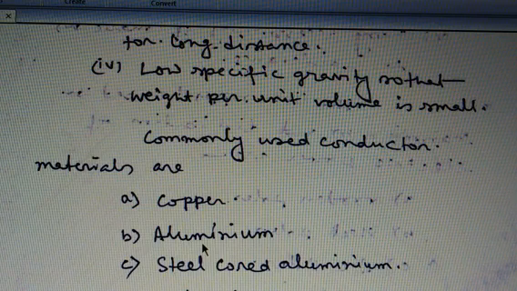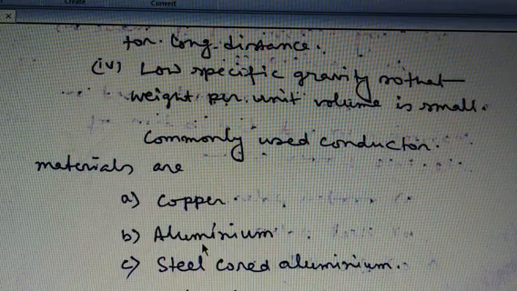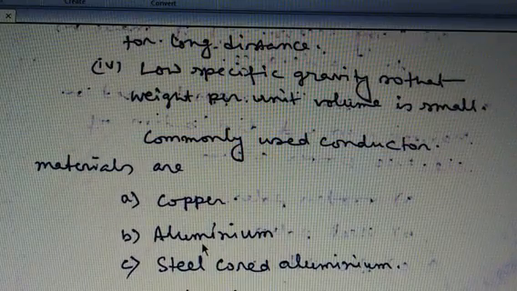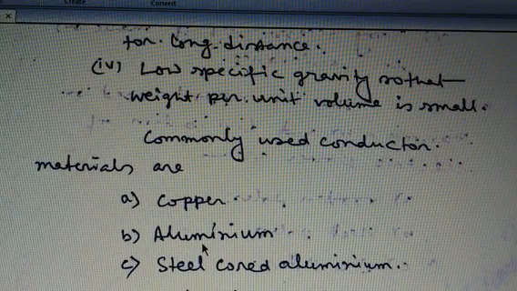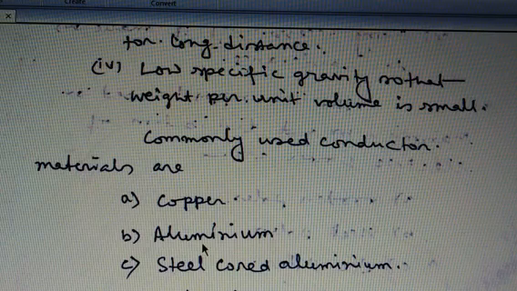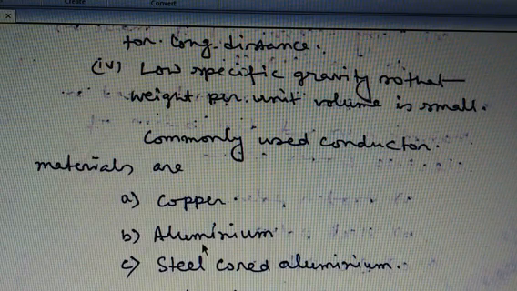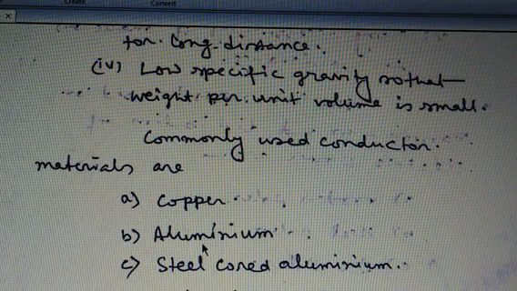Next point, the specific gravity of aluminium is 2.71 gram per cc, which is lower than copper, because the specific gravity of copper is 8.9 gram per cc. Therefore, an aluminium conductor has almost one half of the weight of an equivalent copper conductor. For this reason, the supporting structure for aluminium need not be made as strong as that for the copper conductor.